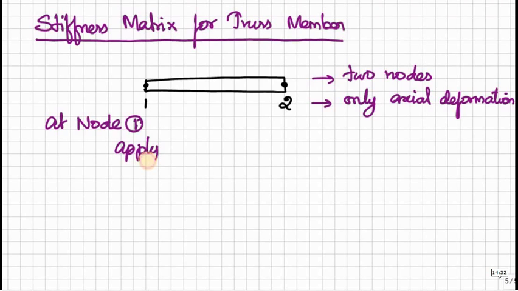So due to the application of unit displacement at 1, some forces will be developed at node 2. And the force required to make unit displacement at node 1 also we have to account.